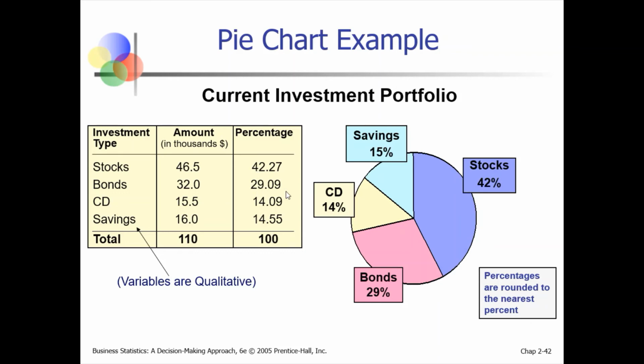Si 29.09, since 09 pa man siya, dili pa man siya 0.5 pataas, so 29 na siya. As well as si 14.09. In this case, si 14.55, 55.55 is greater than 0.50. So mahimo na din ni siya og 50. Na-round na siya into the nearest next value. So mao na ning 50 na gibutang diri.